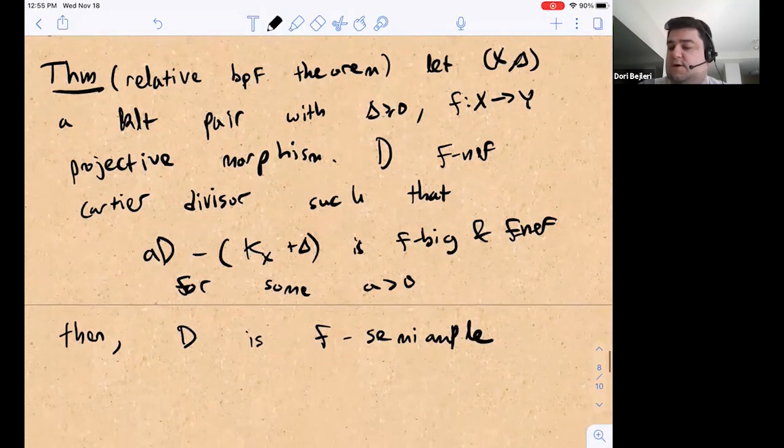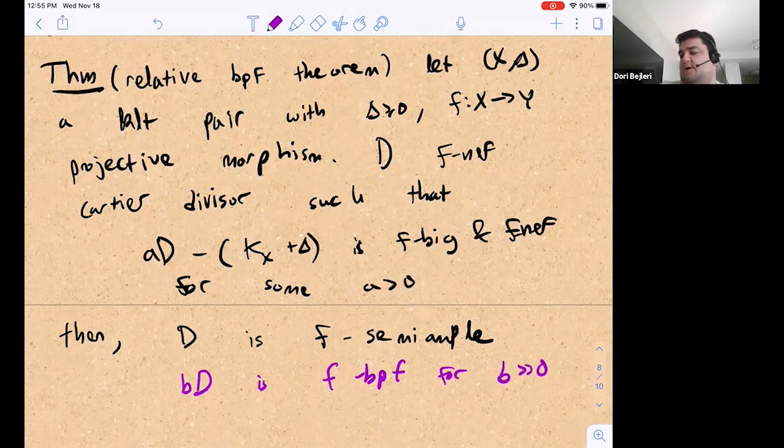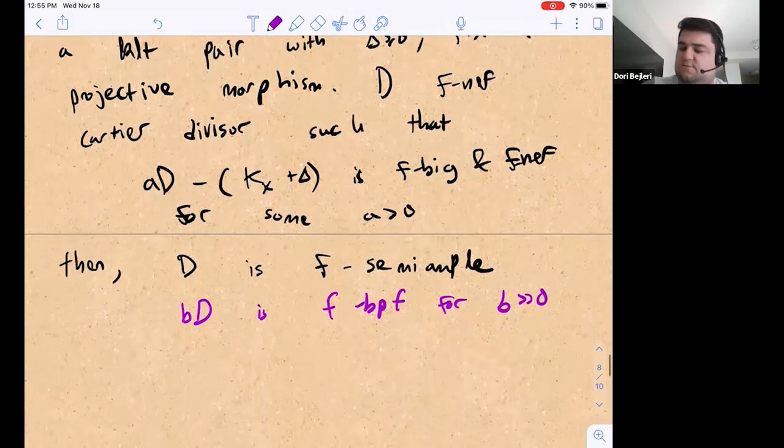Or another way, so okay, I don't remember if we really defined f-semi-ample, but it means the same thing, that bD is f-base point free for b much larger than 0, and then you can ask the precise definition of being f-base point free.